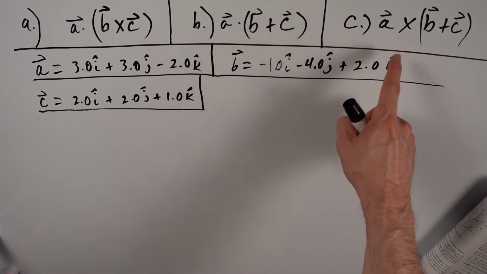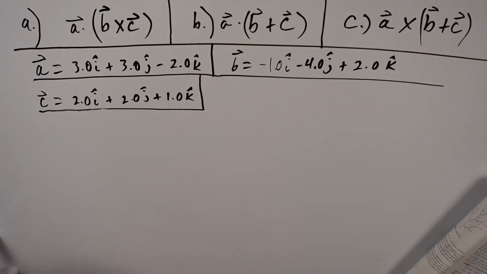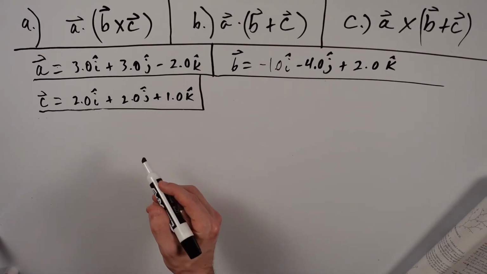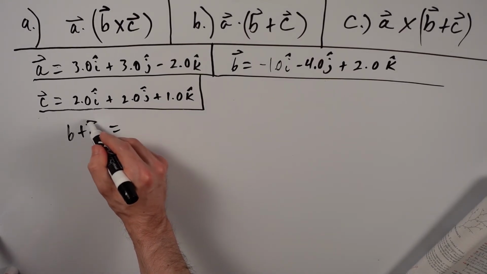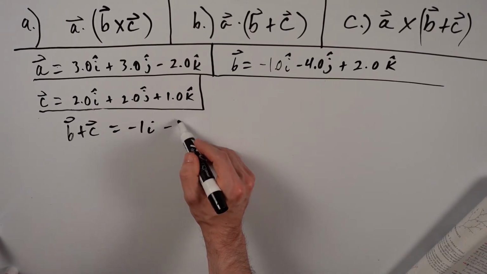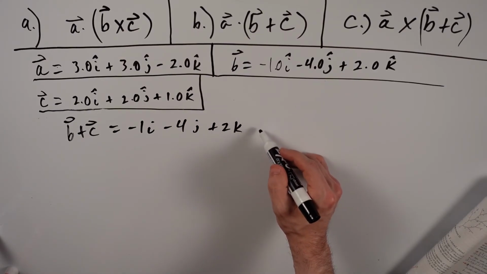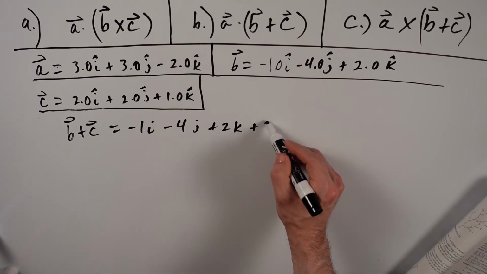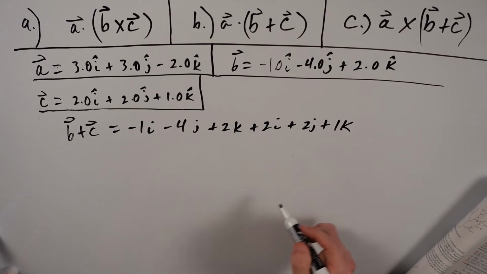Okay, part C is then A cross B plus C. And I probably shouldn't have erased B plus C since I already had it done. B plus C real quick again: you have negative 1I minus 4J plus 2K, and then plus 2I plus 2J plus 1K.